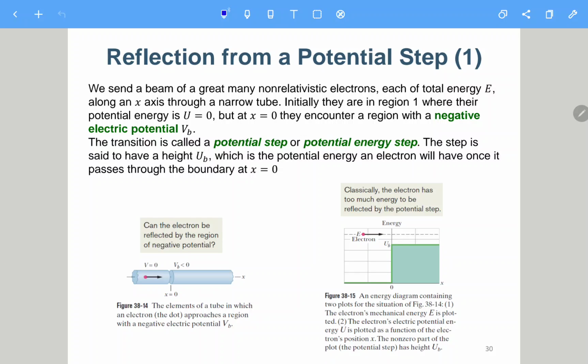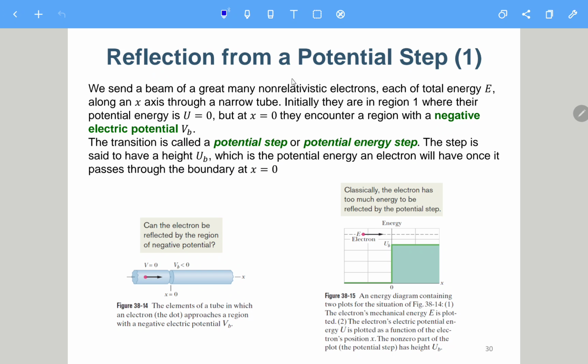Okay, so next we talk about something interesting, something like refraction from a potential step. It says here, we send a beam of a great many non-relativistic electrons. Non-relativistic means you don't care about the relativistic effect.